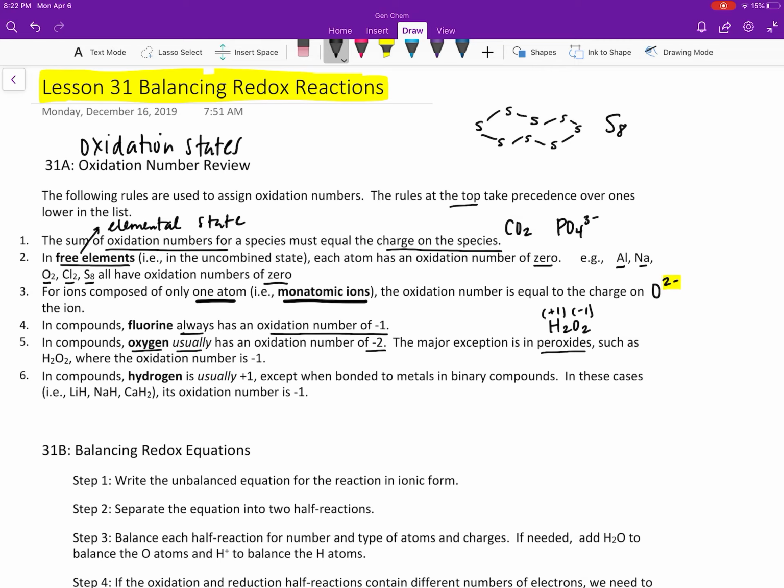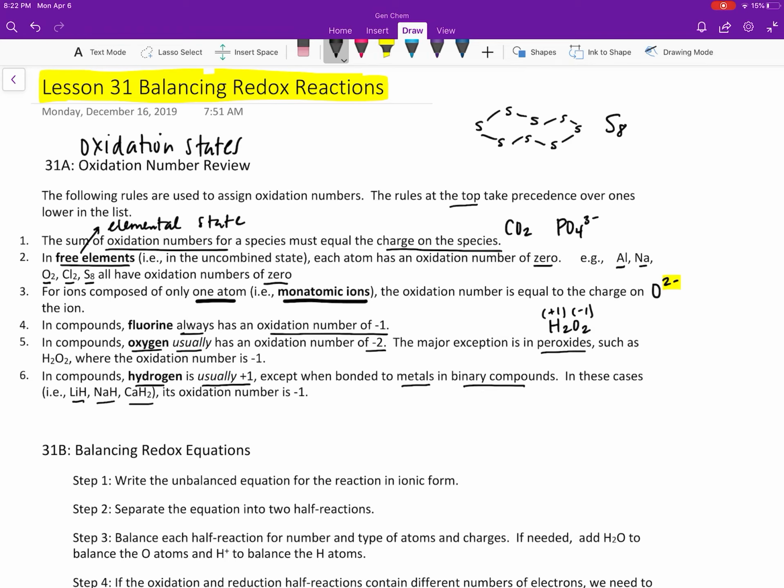In compounds where hydrogen is present, it is also usually +1, except when it's bonded to metals in a binary compound. So these are our usual exceptions, like lithium hydride, sodium hydride, calcium hydride.